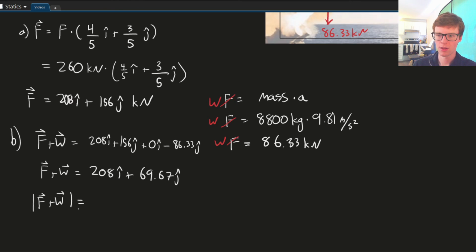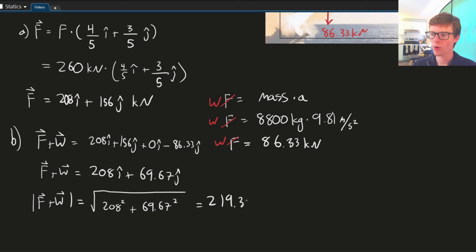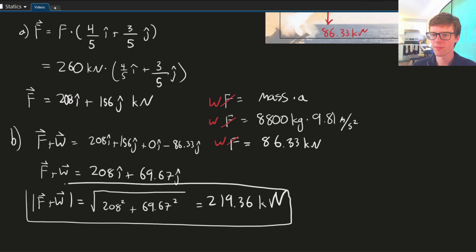So that's going to be the square root of 208 squared plus 69.67 squared. And that number is going to be 219.36 kilonewtons. And that is your answer for part 2.